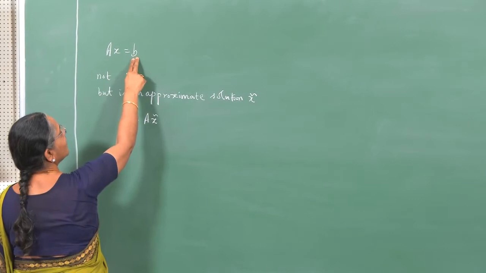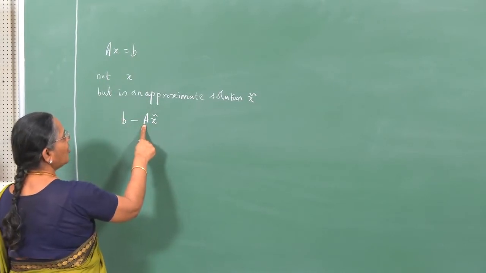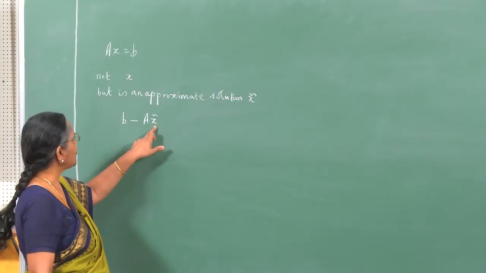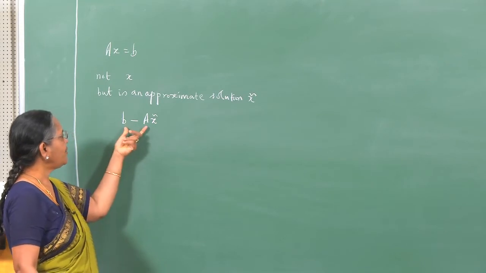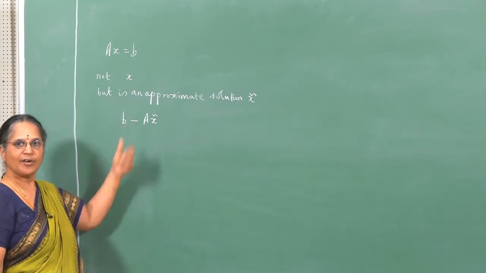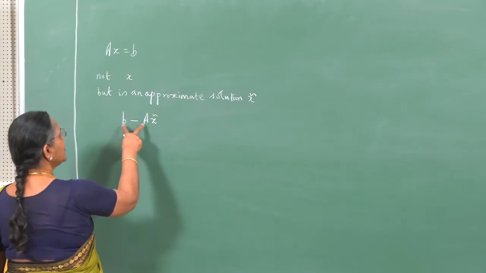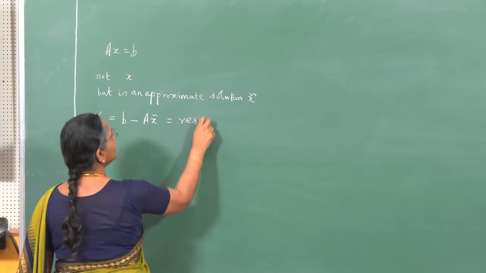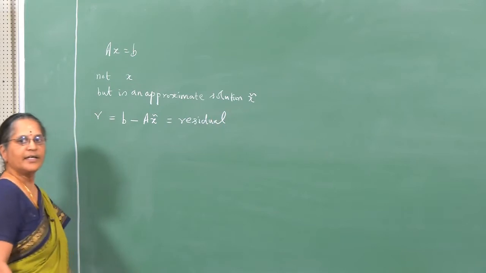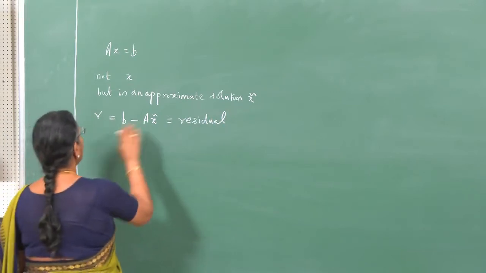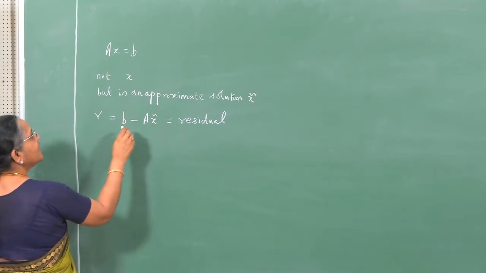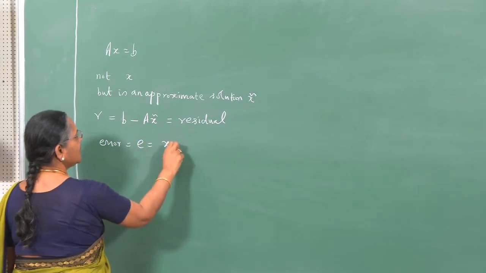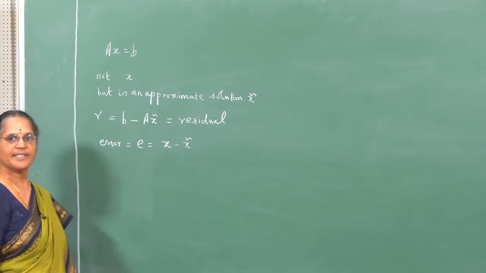Recall, b is a vector and A is a matrix say of order n cross n, x tilde is an n cross 1 vector. So, A x tilde will be an n cross 1 vector, b is an n cross 1 vector. So, b minus A x tilde is an n cross 1 vector. So, I compute this vector and call this R, namely the residual. Now, what is the error that has been incorporated? The error, if I denote by E, is the difference between the exact solution and the approximate solution.